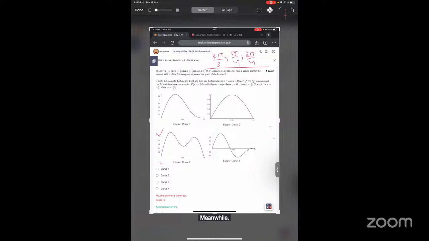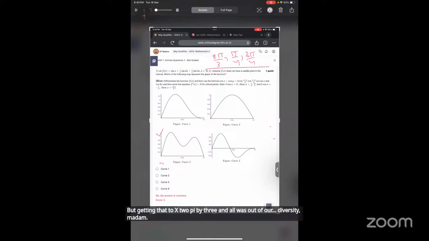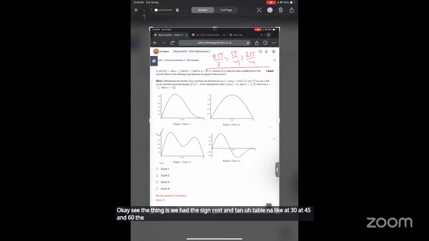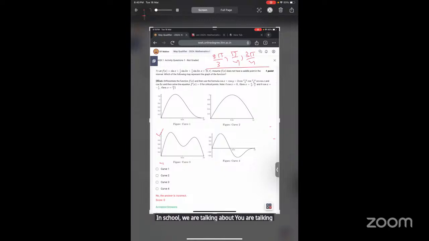But getting that 2 pi by 3 and all was out of our capacity, madam. Okay. See, we had the sine, cos, and tan table, right? At 30, at 45, and 60, the values. It is a concept of basic trigonometry, class 9 or 10 maybe.